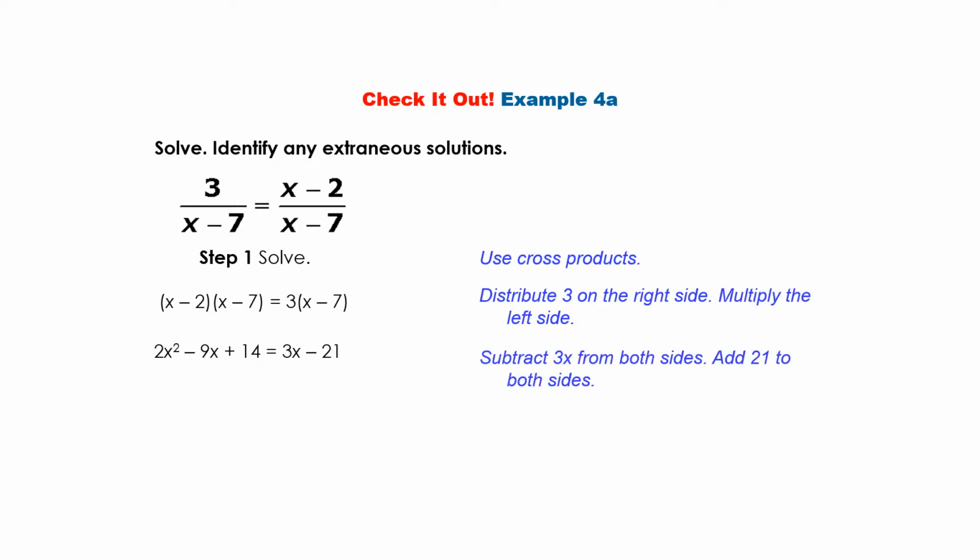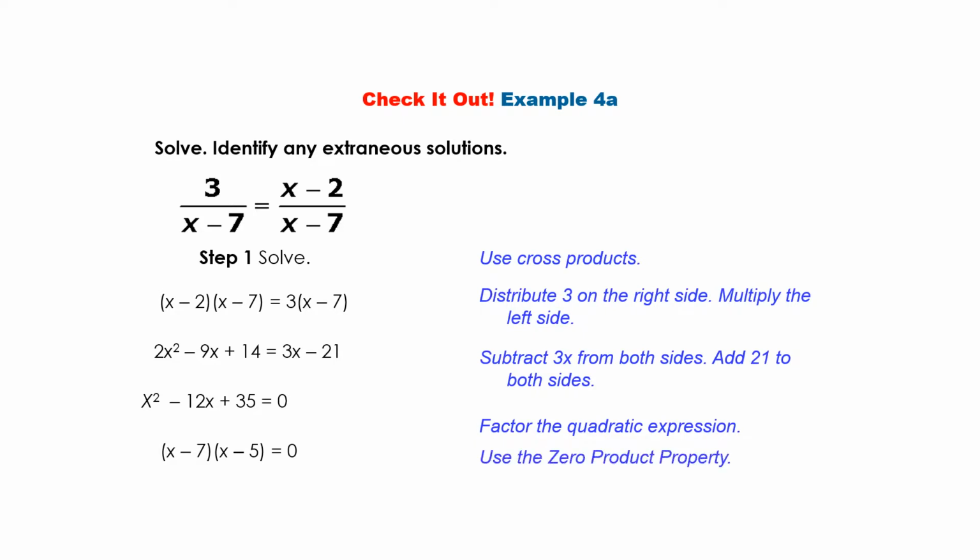Then subtract 3x from both sides and add 21 to both sides. Then factor the quadratic expression. Okay, since we use the zero product property, we can now have the value of our x could be 7 or 5.